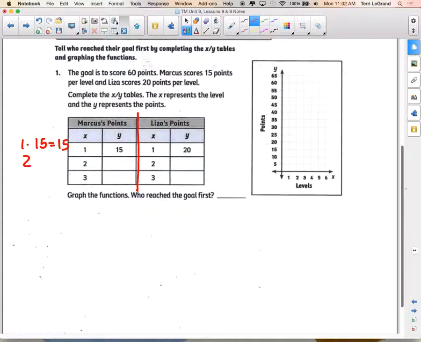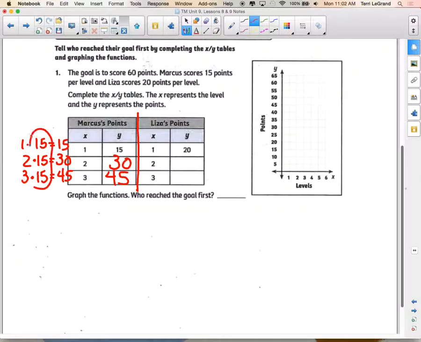Level 2, how many points would it be? 30. So we'll put a 30 in the output. And level 3, 3 times 15, 45. First of all, our multiplier every time was what? 15.